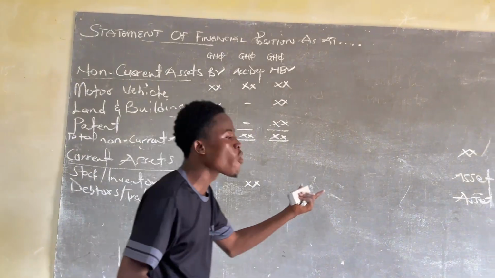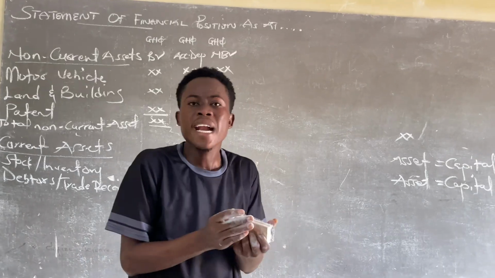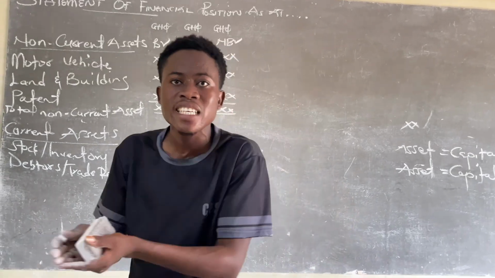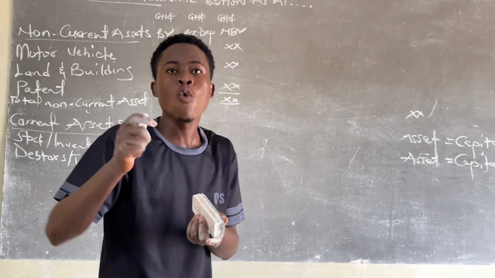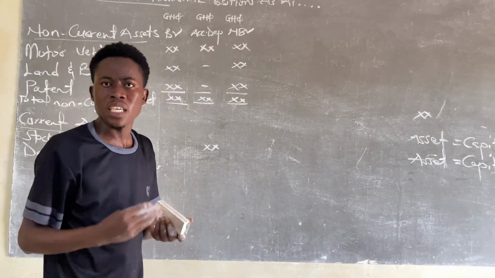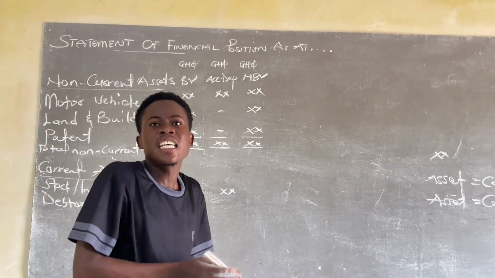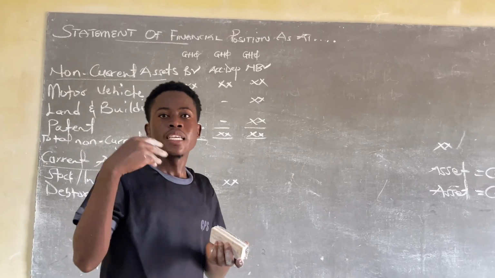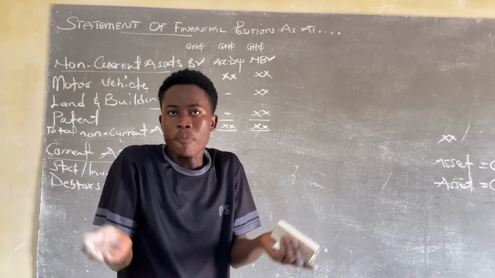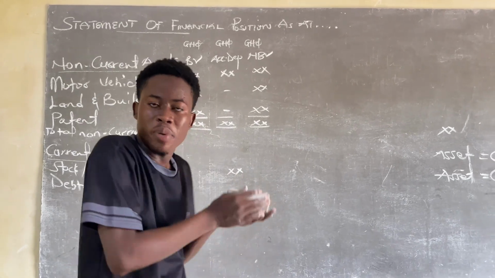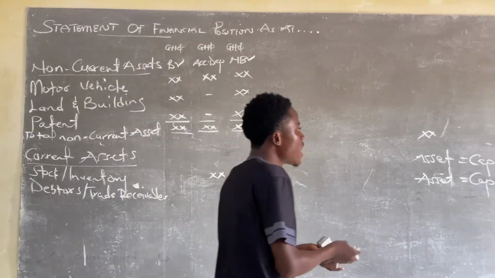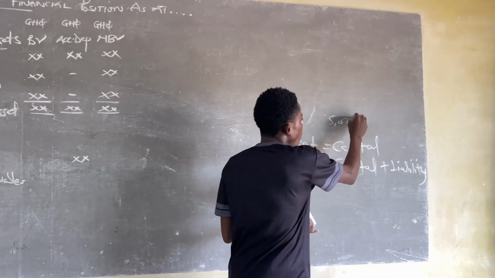And when we talk of provision, we mean the amount of money set aside as money that will not be retrieved from our debtors. So let's say the organization has noticed that the amount of money that has to be retrieved fully from a debtor cannot be got. We are supposed to retrieve 5,000 from the debtor.